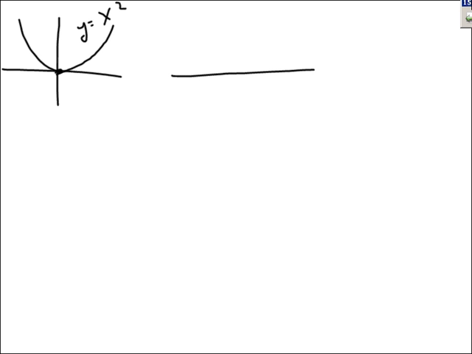To draw x cubed, you go to the origin, and you go like this, and you go like that. Learn how to do it the way I'm saying. You won't have trouble. It's no big deal going to the origin and doing this. This is y equals x cubed.